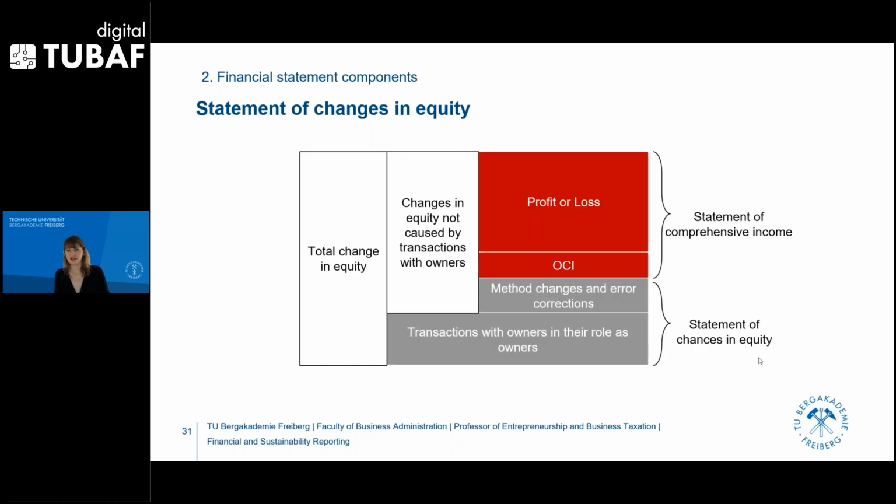So the statement of change in equity shows the results of the profit or loss statements, the OCI. Also, method changes and error corrections have to be disclosed in the change in equity statement, and the transactions with owners in their role as owners also have to be disclosed here separately in the statement of change in equity.